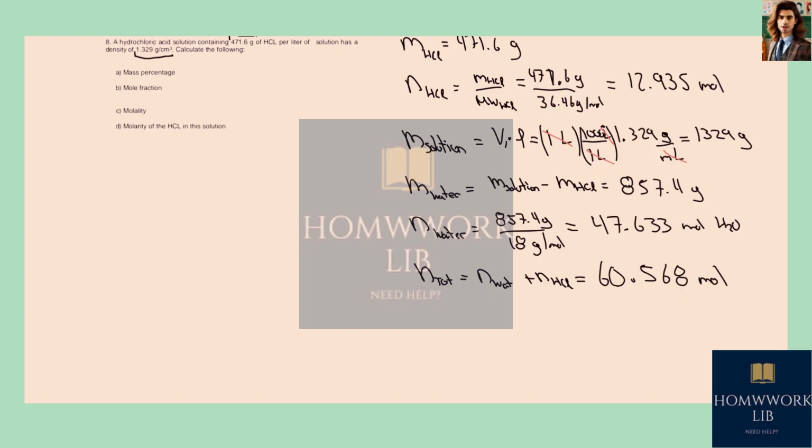So in order to calculate, first of all, the mass percent, this is going to be equal to the mass of the solute divided by the mass of solution times 100.